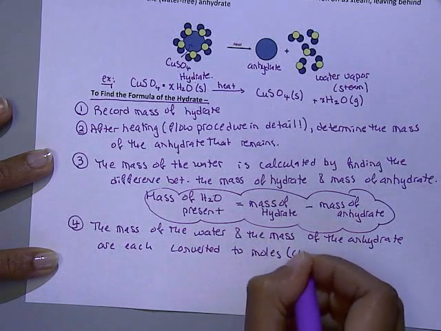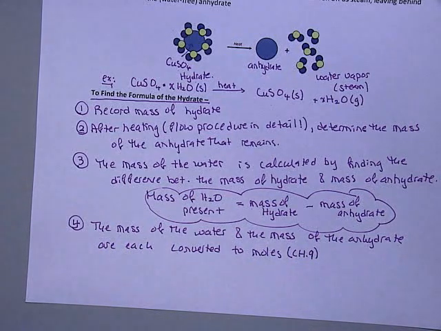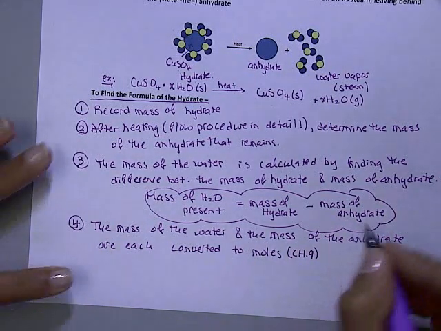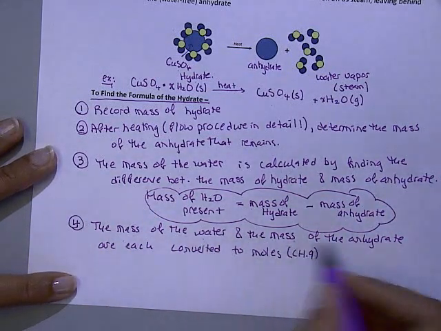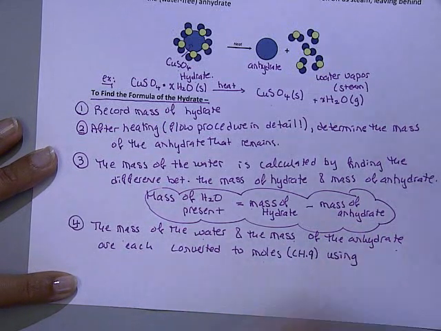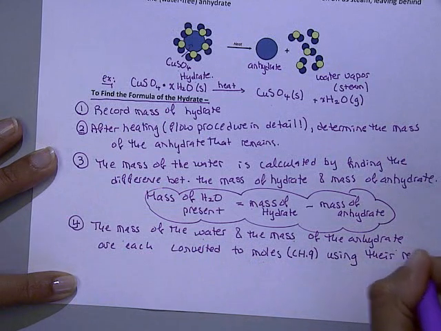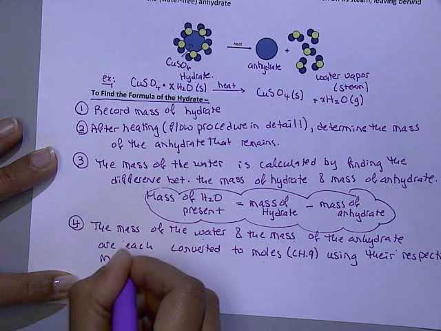And we will go over this in chapter 9. I will also go over this in this lab lecture video so that you are fully prepared for lab. The mass of the water and the mass of the anhydrate are converted to moles, and we do this conversion using their respective molar masses.